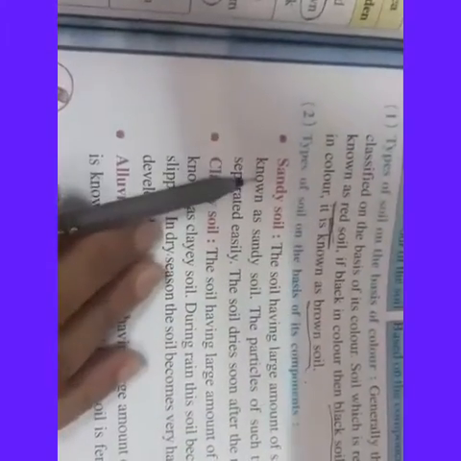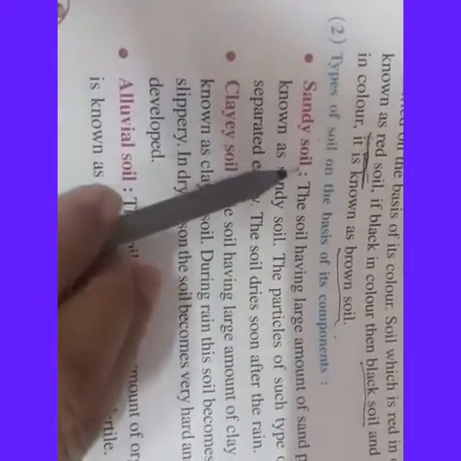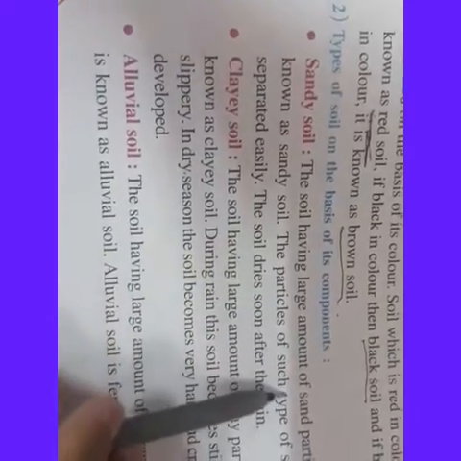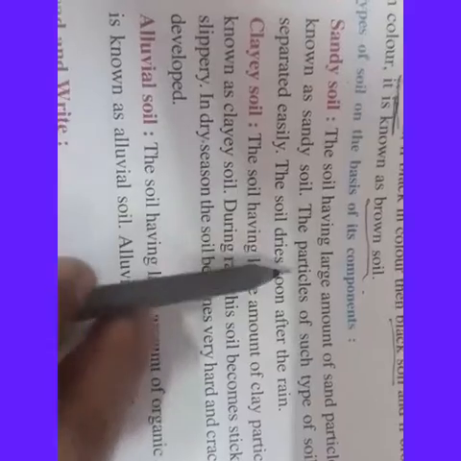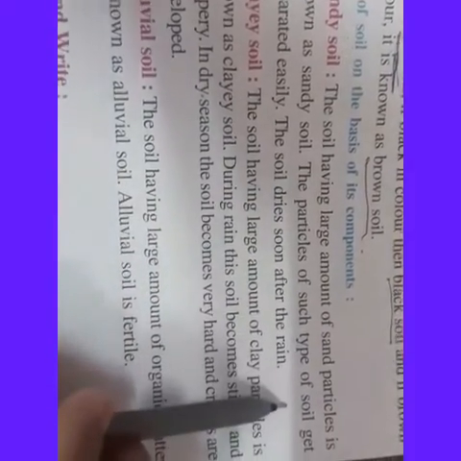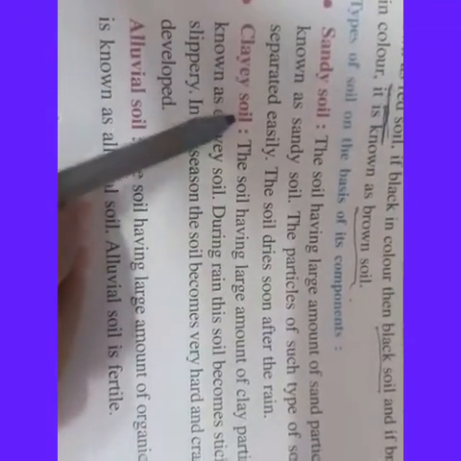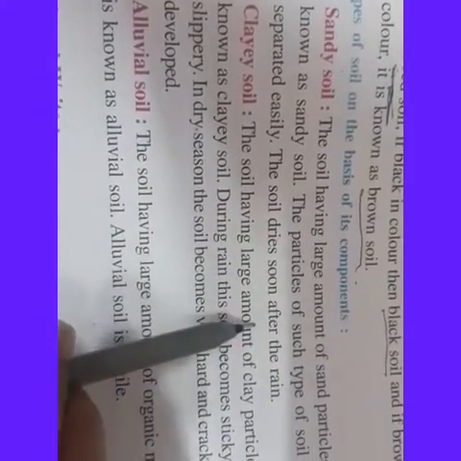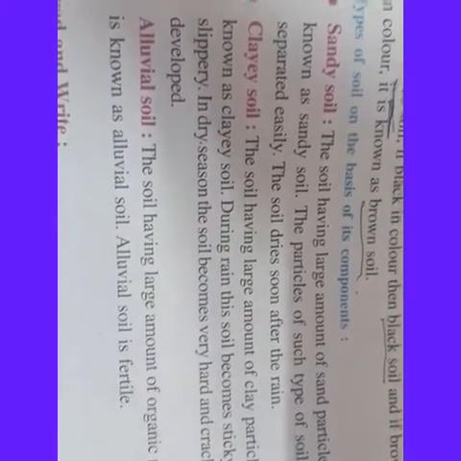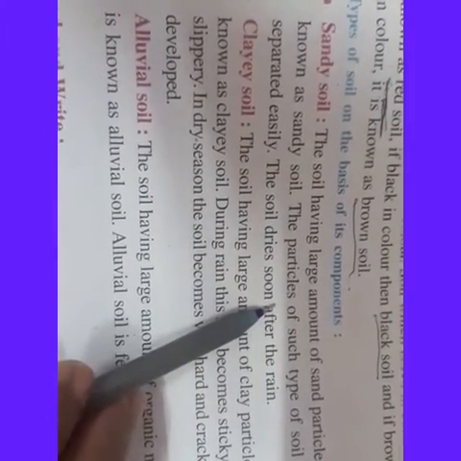So first we'll study about the sandy soil. The soil having a large amount of sand particles is known as the sandy soil. The particles of such type of soil get separated easily. The soil dries soon after the rain. Now the main feature of this soil is that it absorbs a lot of water very quickly.